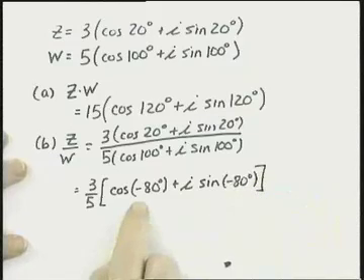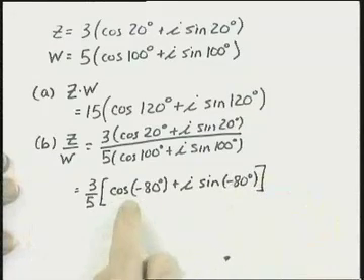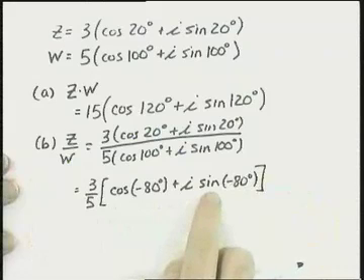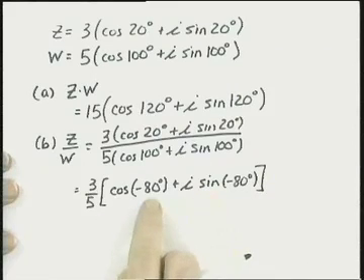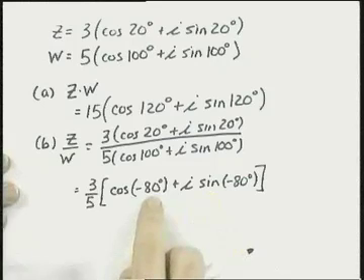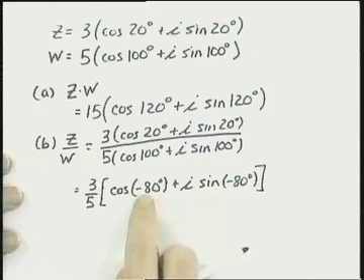Remember, the argument of the trig functions in a complex number in polar form must be greater than or equal to 0 and less than 2 pi, or less than 360 degrees. So what I'm going to do is find an angle between 0 degrees and 360 degrees that's coterminal with negative 80 degrees.